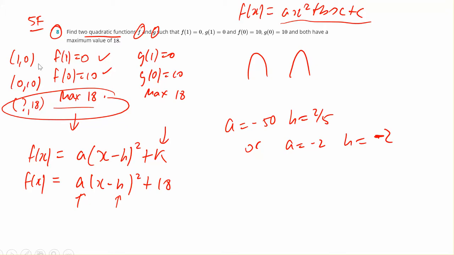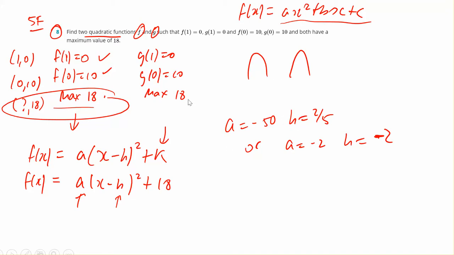Because of the nature of the problem, it's left open for two possible parabolas meeting those conditions. That's why the question says f and g. Both parabolas meet the same requirements.